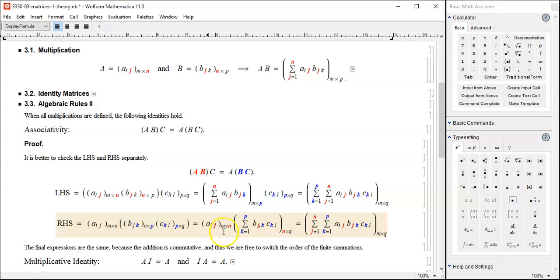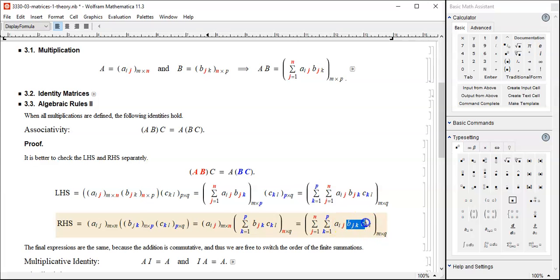How about sizes? MN and Q. N's collide and cancel out. What do you get? A product matrix, MQ, M by Q. Or MN and P, PQ. In the end, we get MQ. And then look at all those indices here.